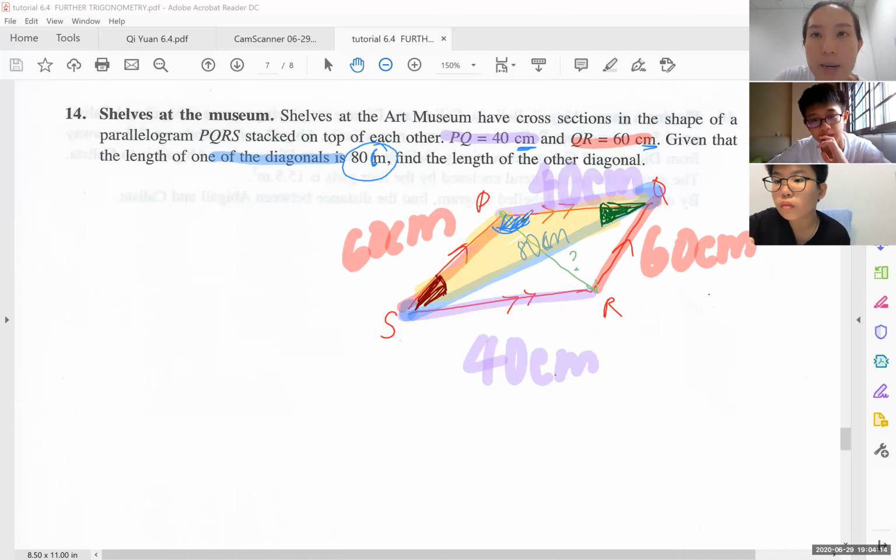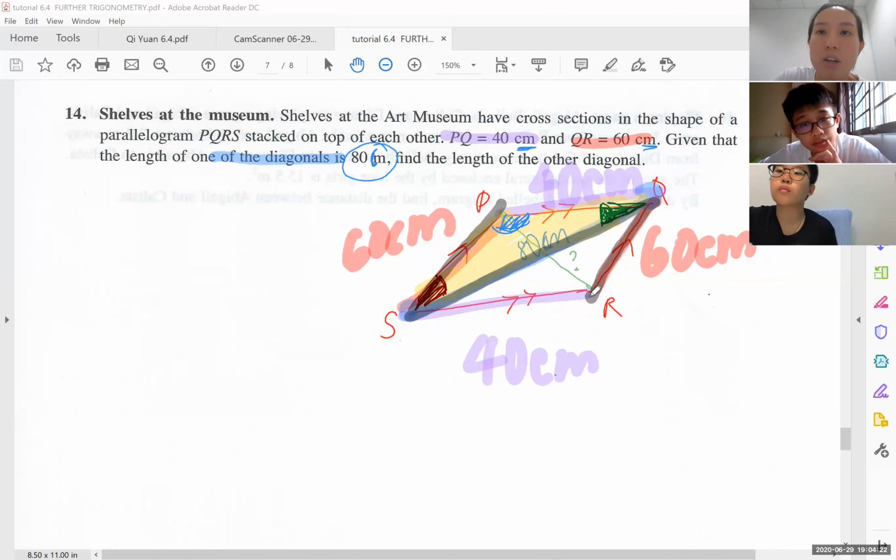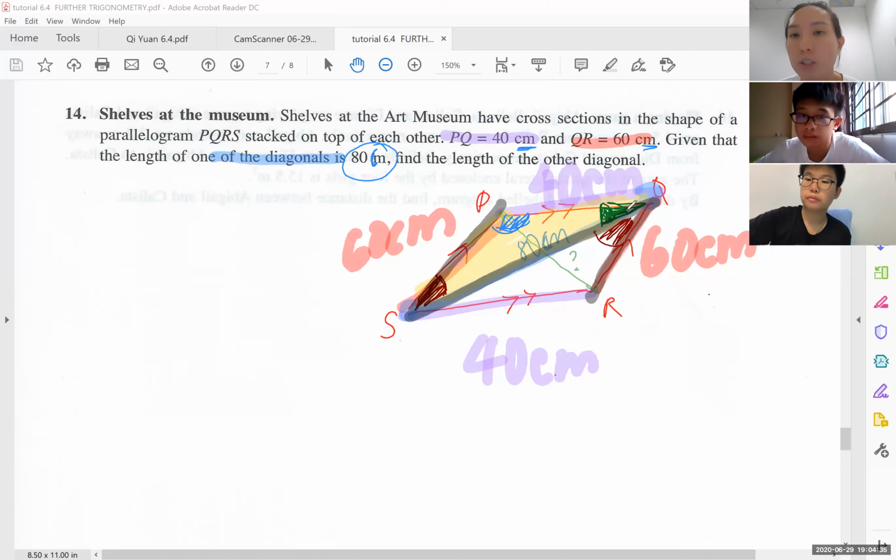Now why do I say that? Can you see there's an alternate angle right here, the one that I'm going to highlight in black? Can you see parallel lines with an alternate angle here? So I can say that this angle is also brown, right or not? So with that, do you think you can find your angle PQR already? Once you find your angle PQR, do you think you can use the cosine rule to find your question mark?